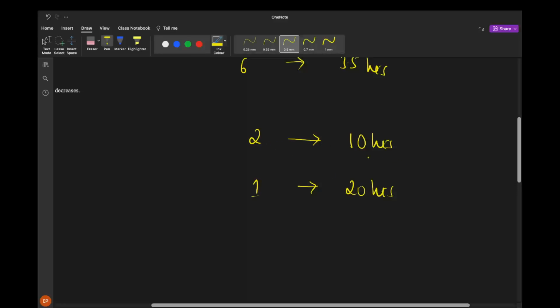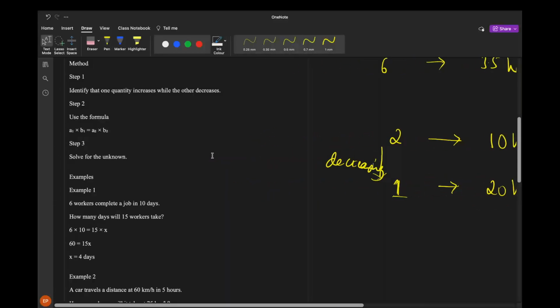Because two people take 10 hours, so one person will definitely take 20 hours. Here you can see workers are reducing, but time is increasing. This is what we call inverse proportion.